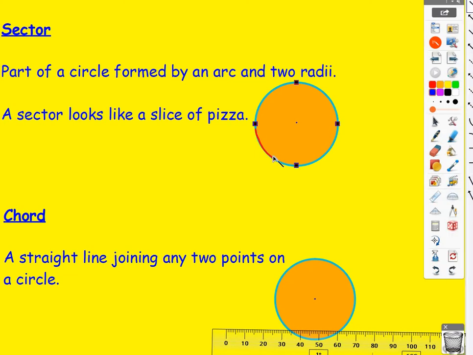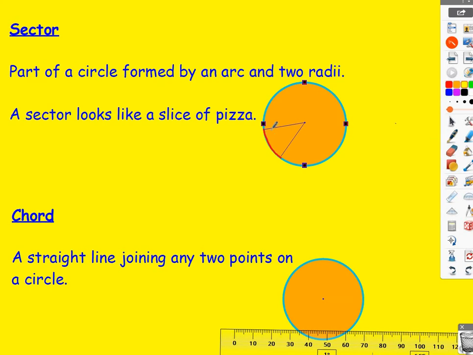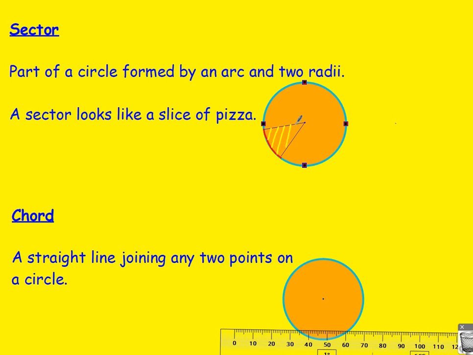So I've drawn my arc, and then I'm going to draw the radius from either end of the arc. So this area that I've just drawn, which I'm just going to shade in for you now in yellow, that is referred to as a sector.